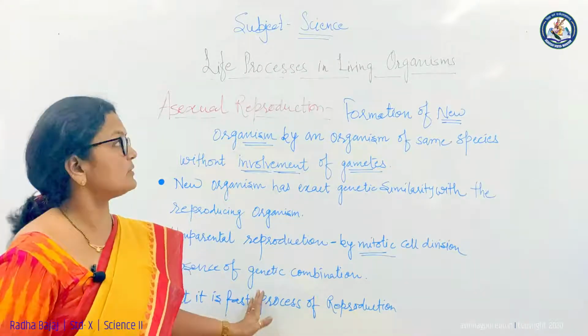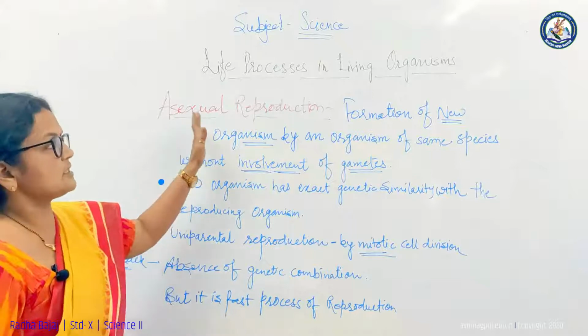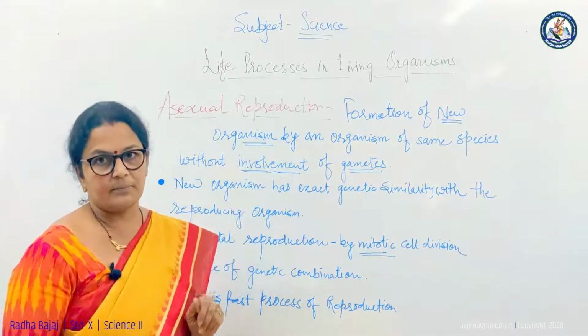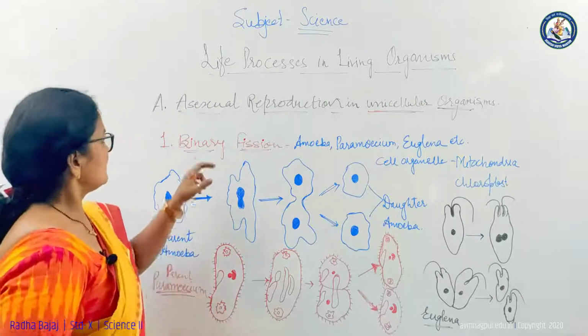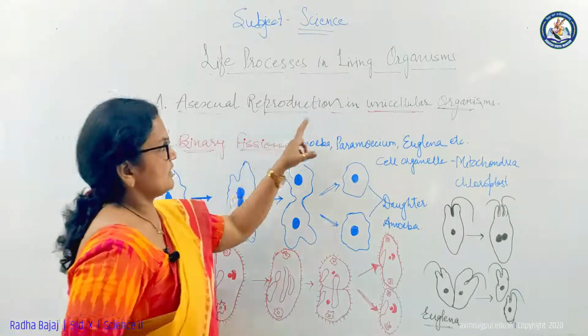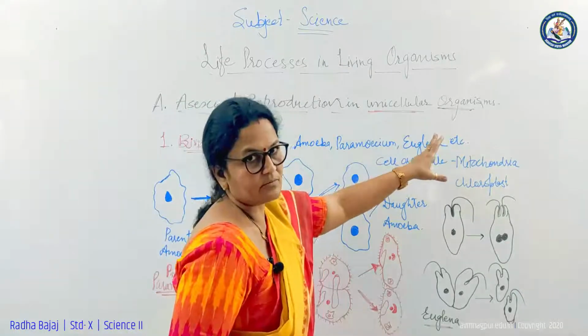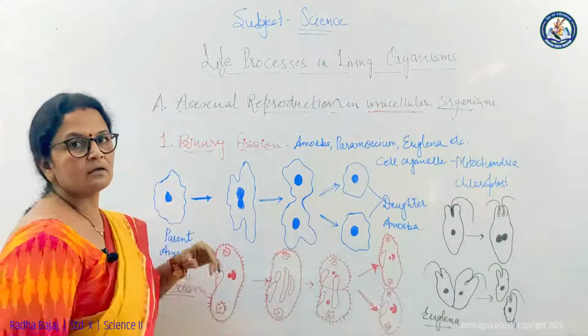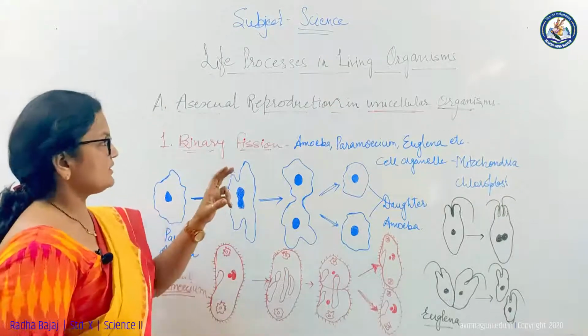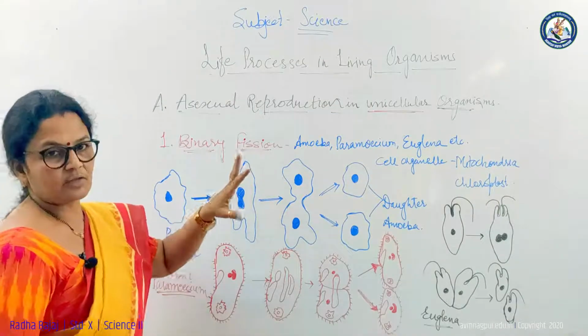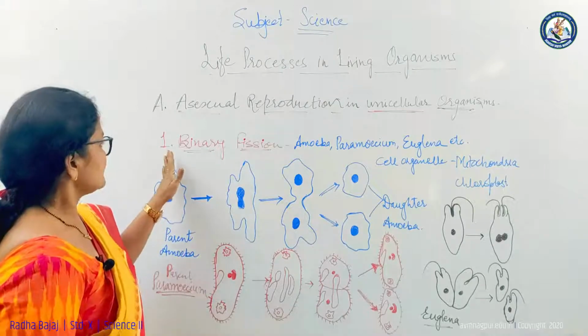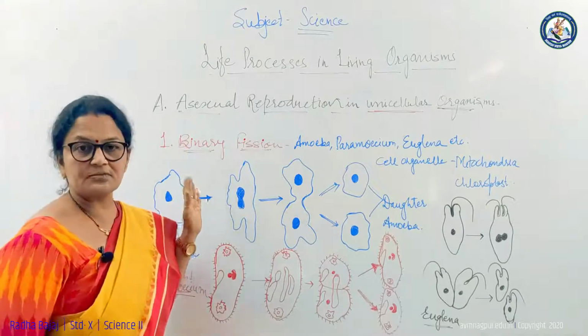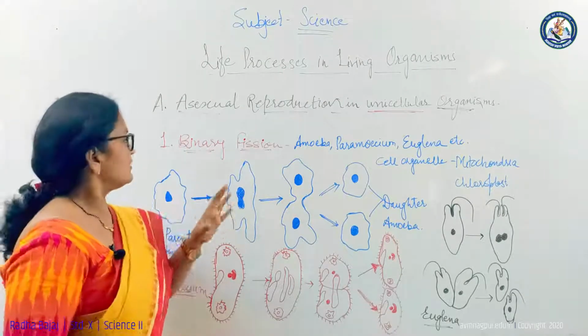Now the advanced structure of asexual reproduction. First we will see asexual reproduction in unicellular organisms, having a single cell structure. Unicellular मतलब having single cell. So first, binary fission; fission means breaking down.